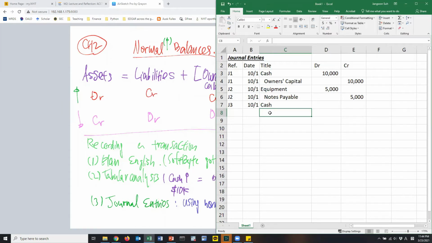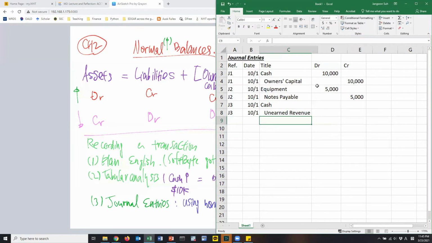And that kind of liability is called unearned revenue. Okay. What does that mean? You received cash, but you didn't earn it yet. Right? Does that make sense? I think so, right?